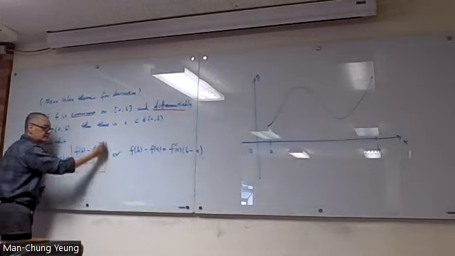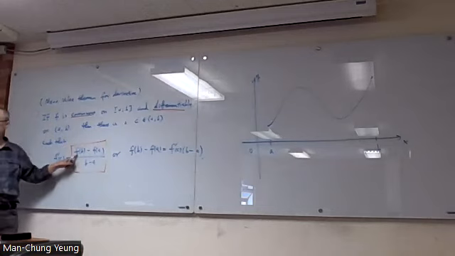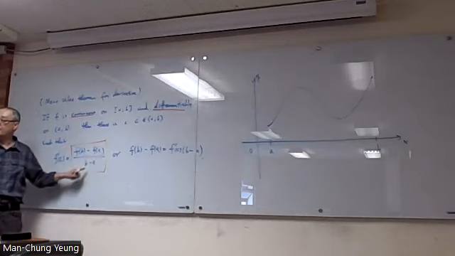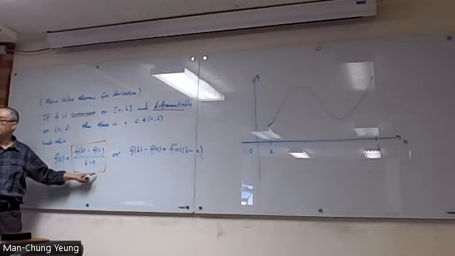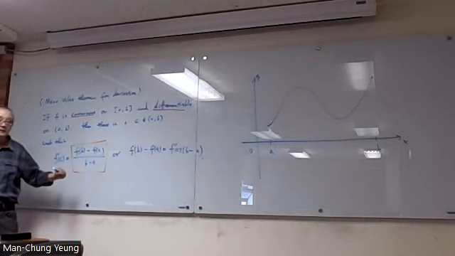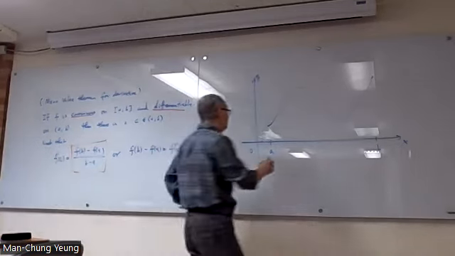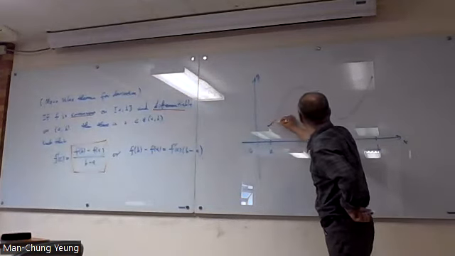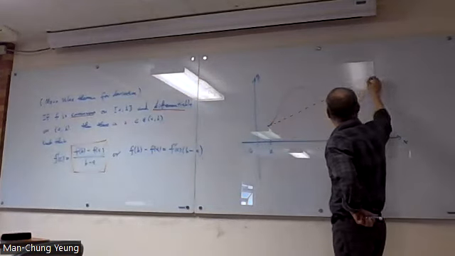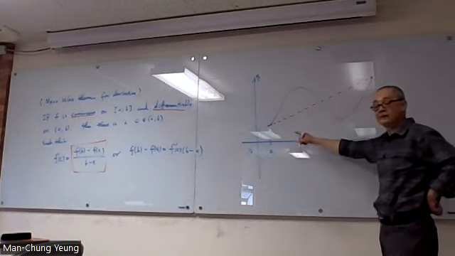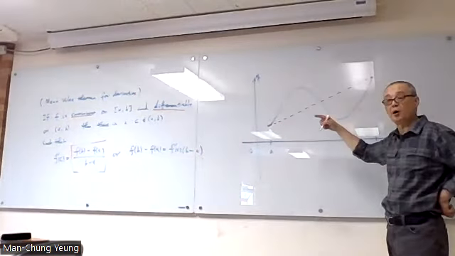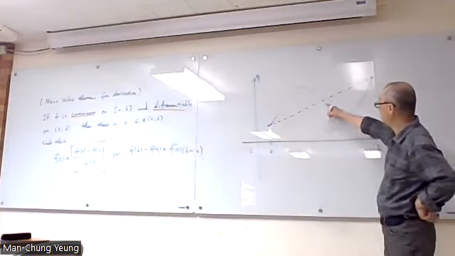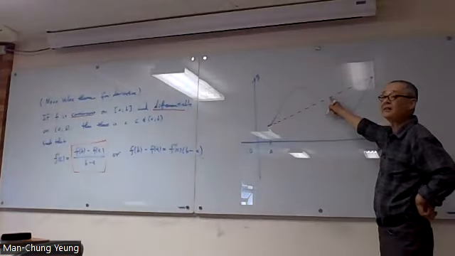What is this quotient, f of B minus f of A over B minus A? It is the slope of this line. The line joins the two endpoints. How to see?